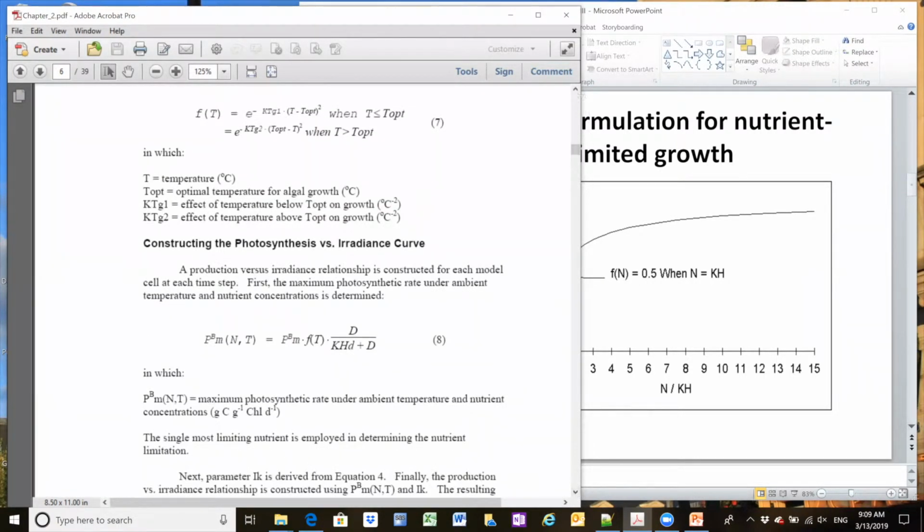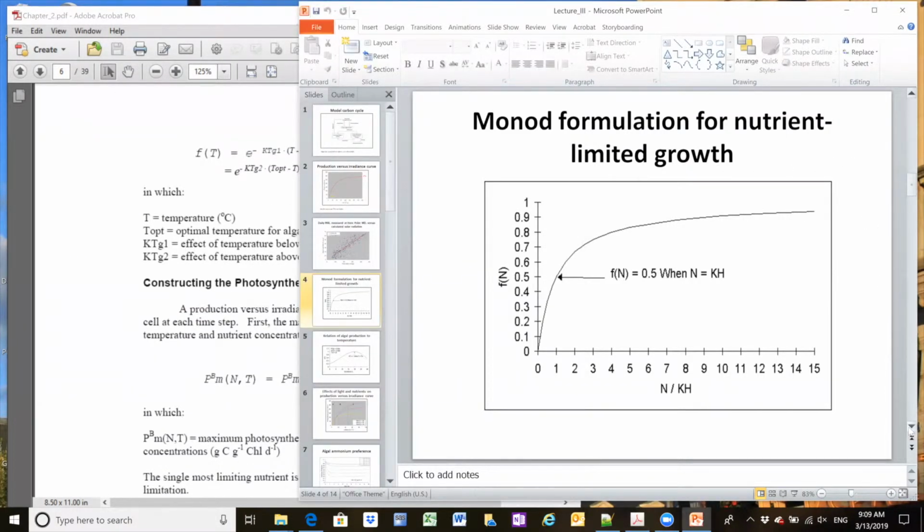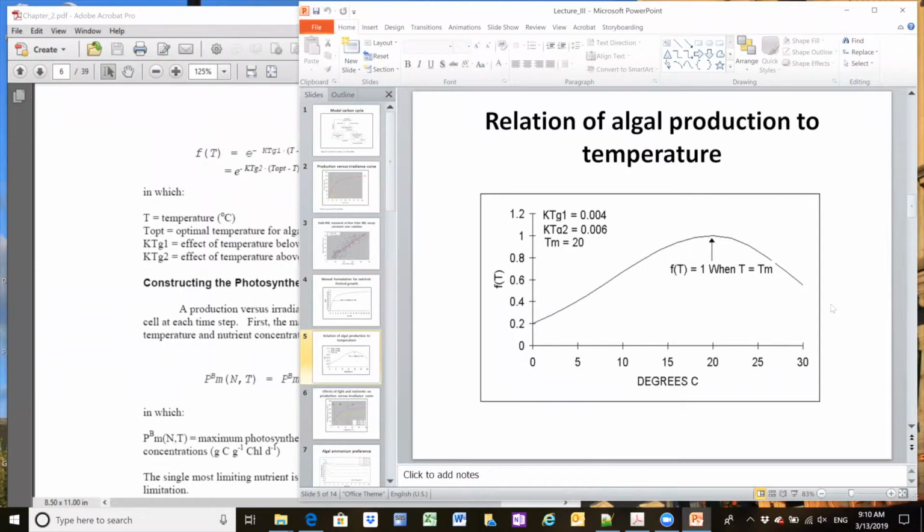Okay, in this case, algae have an optimum temperature for production, and we allow growth to actually decrease when the optimum temperature is exceeded. Growth will actually go down. Sometimes we parameterize this such that it levels off rather than goes down, and by manipulating model parameters you can do that.